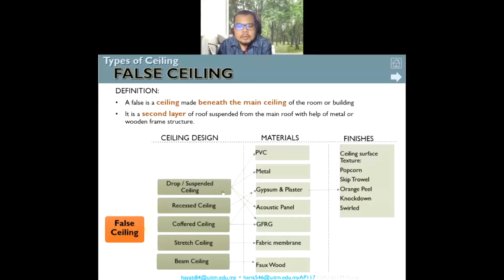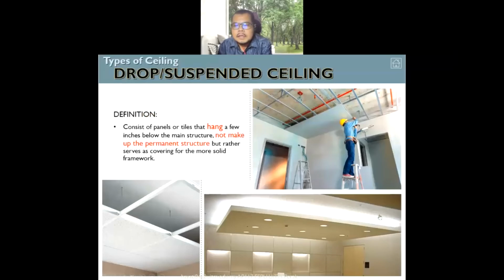So these two you dah biasa dengar, drop shielding and recess shielding. Apa definition drop ataupun suspended shielding? Dia ni sebenarnya bersifat hang from the main structure. So dia ada something that ties between the structure to your punya shielding panel lah. In this image you can see dia ada rod kat sini, ada wire.